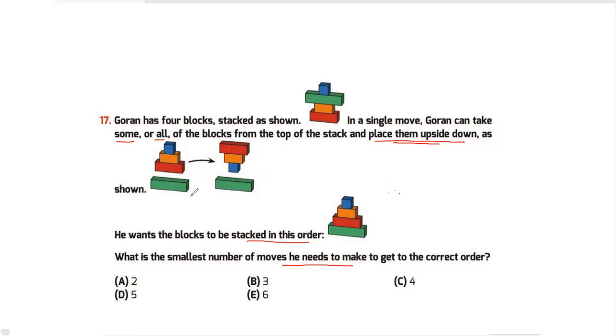So in the first move, if you see here, let's just take this thing. So you invert it, so you get a blue block here. Then you have the green block, so you've inverted it, and the red, and you also invert the orange and the red.